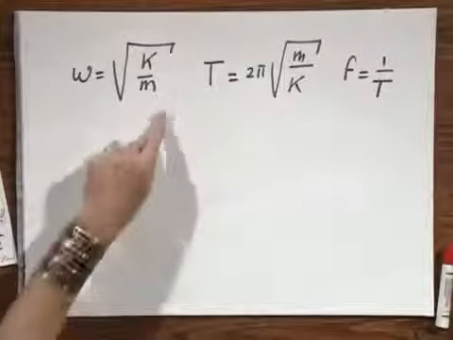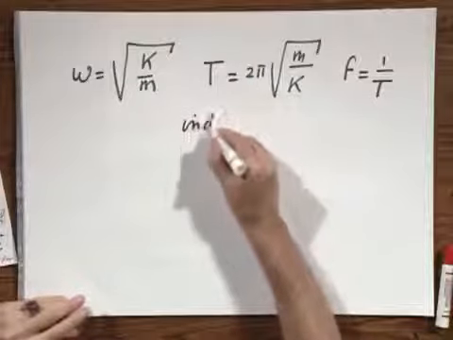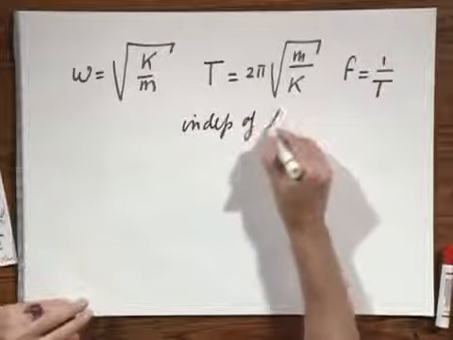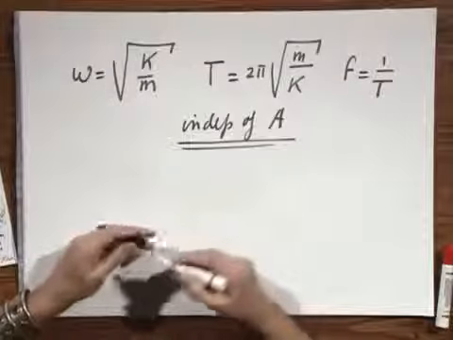And you notice, which I stated earlier, that this period is indeed independent of a, which now I proved. And that is by no means so intuitive. I find it always amazing, but it is very characteristic for a simple harmonic oscillation that the period of oscillation is independent of how far you displace it from its equilibrium point.